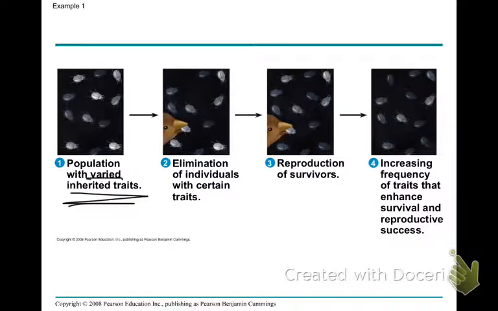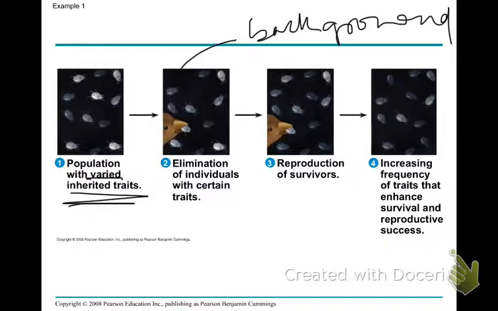A finch or a swallow, when it comes in search of something to eat, can easily spot the white or the lighter colored beetles against this dark background. This dark background is the environment, the condition that they are existing in.